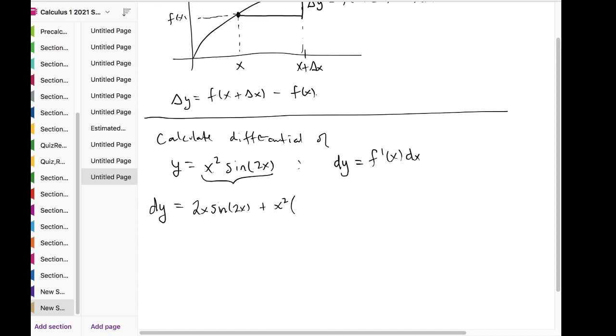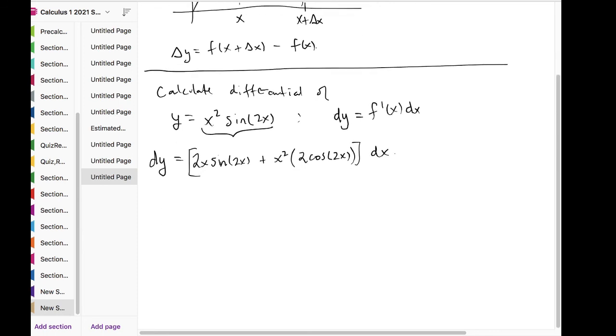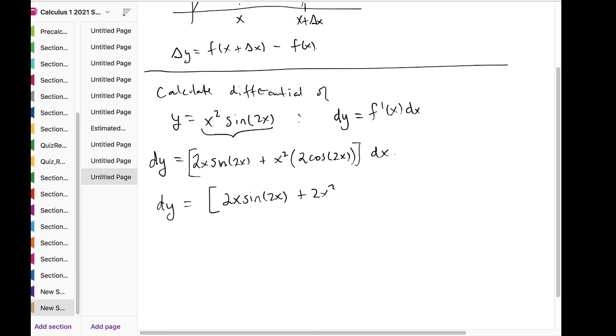So this will be 2 cosine of 2x. That's okay. So this is f prime, and we multiply by dx. So we have dy is equal to 2x sine of 2x plus 2x squared cosine of 2x dx.